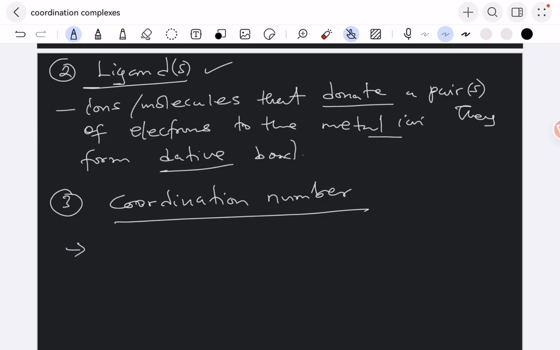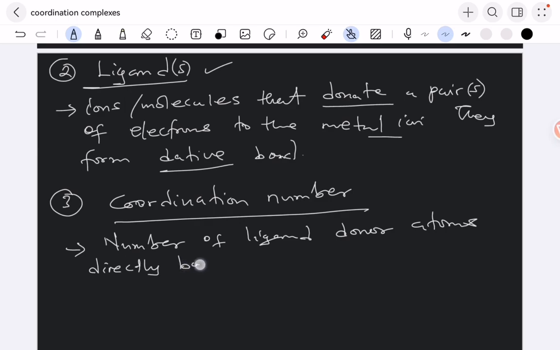So coordination number basically talks about the number of ligands, the number of ligand donor atoms that are directly bonded to the central metal ion.